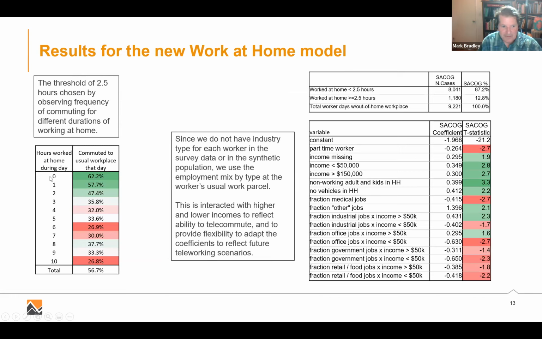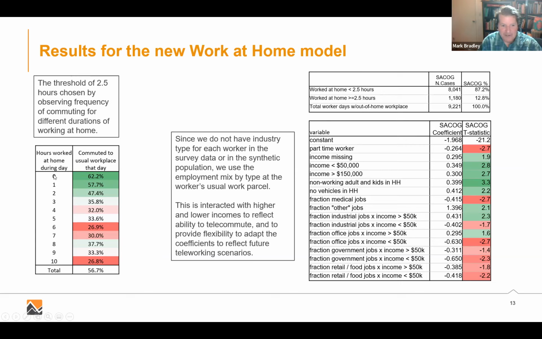So based on how many hours they worked at home during the day, from 0 up to 10, what fraction of those commuted to their usual workplace that day? This is just for workers who have an out-of-home workplace, because that's who the model's applied to.